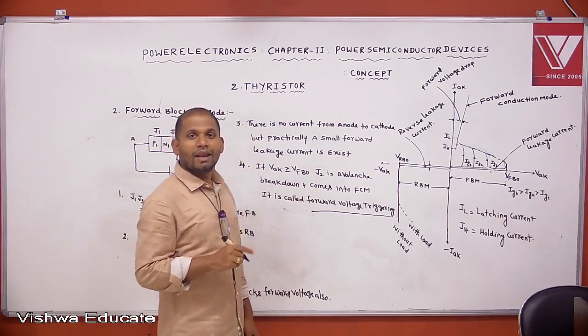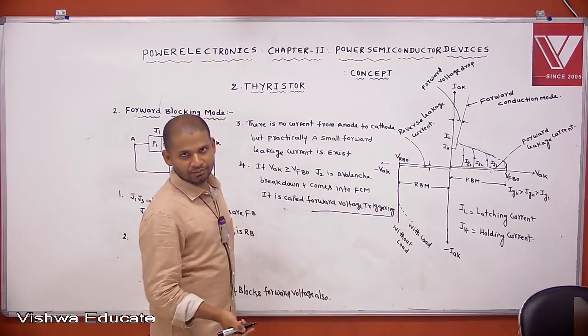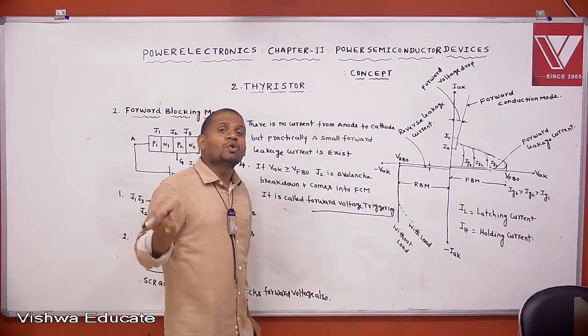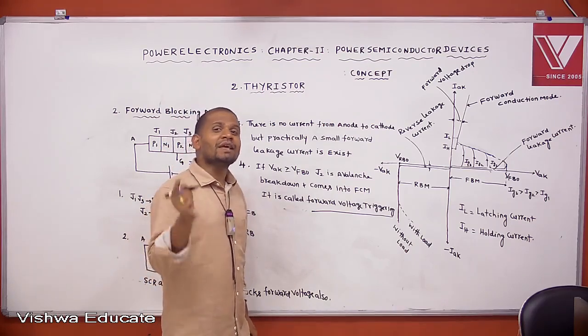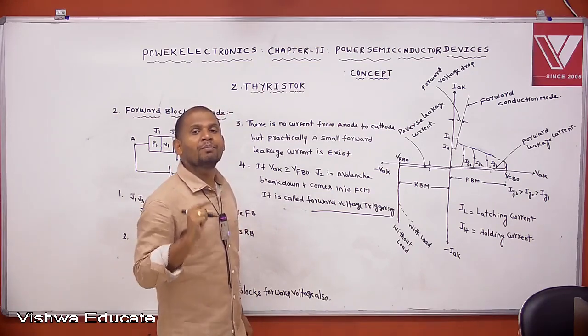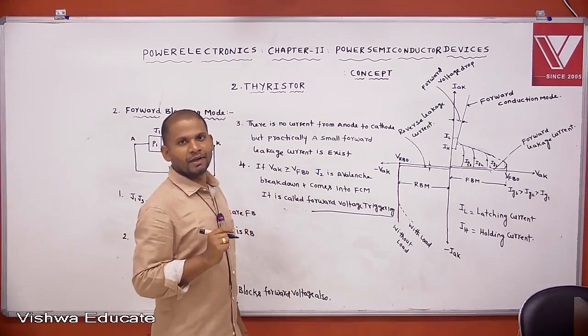Like this we can make the turn on, but practically this method is not preferable. Why? Because applying breakdown voltage, that is forward breakdown voltage, to bring the SCR into conduction mode, that is forward conduction mode, is not an advisable process, because the SCR may be damaged. Understood or not?